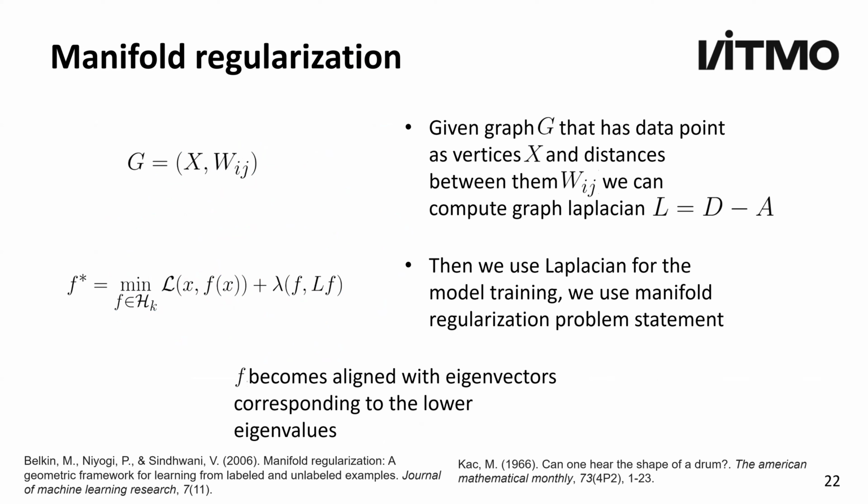The first thing that you meet when you are thinking on how to find a way out, how to use a distance in your machine learning pipeline is manifold regularization. It is a paper by Belkin. It appears in 2006.